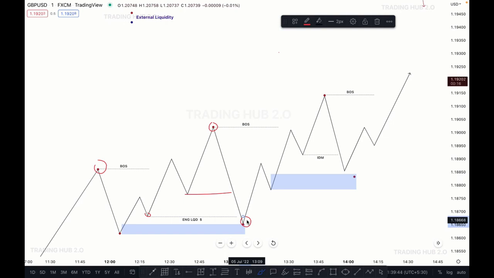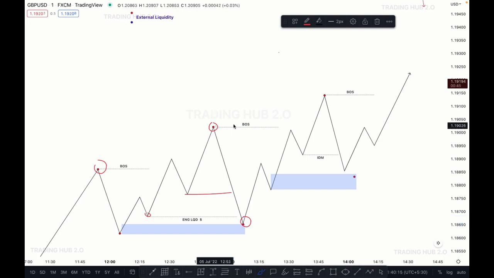We will discuss this in detail in the upcoming chapter on entries. In this video you only have to understand: find the inducement, find the engineering liquidity and the external liquidity, because these three things are very important to understand. Without this liquidity and inducement you can't trade.